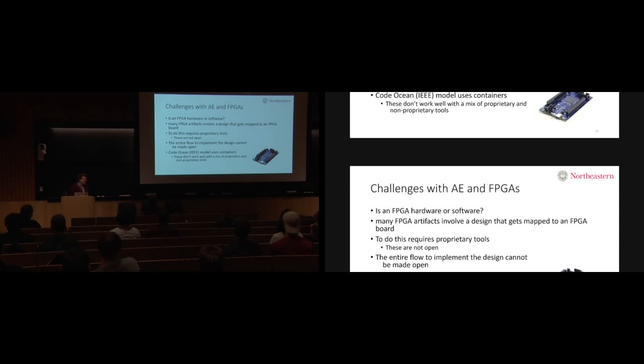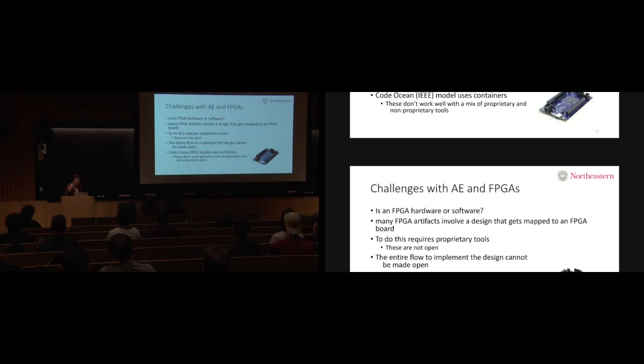And you could argue it both ways, right? Many of the artifacts that we evaluate involve using a proprietary design tool, and they're, by definition, not open. You could argue that everyone should be using open source everything, but the state of reality is that's not the case. We are using proprietary tools, and we can't make the entire flow open.